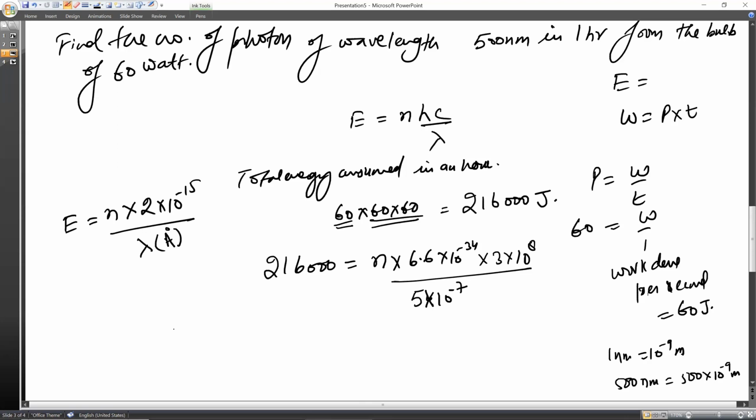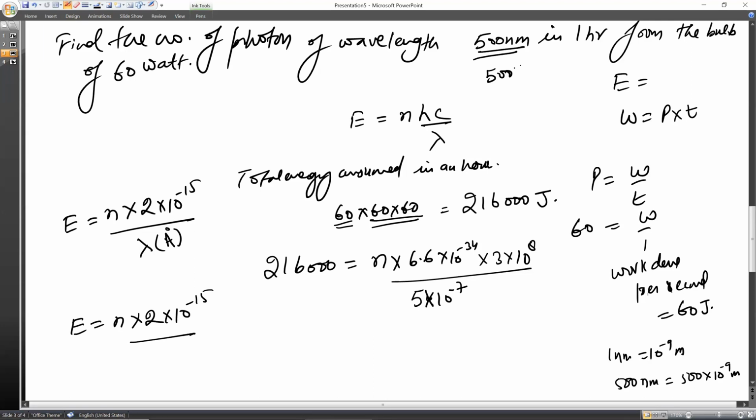So you know that angstrom is 10 to power minus 10. So we can write that E is equal to N into 2 into 10 to power minus 15, upon wavelength in angstrom. If it is 500 in nanometer, means it is 500.